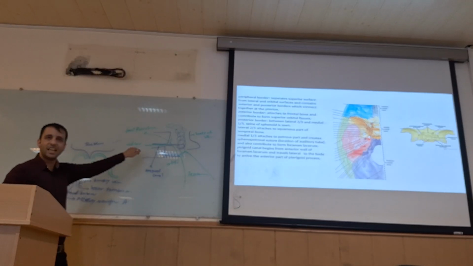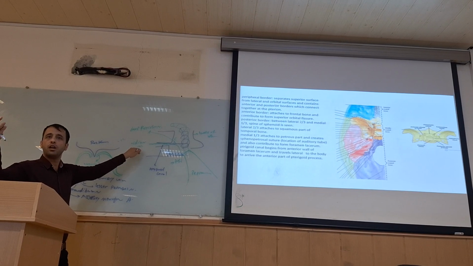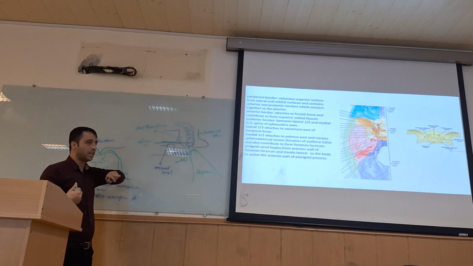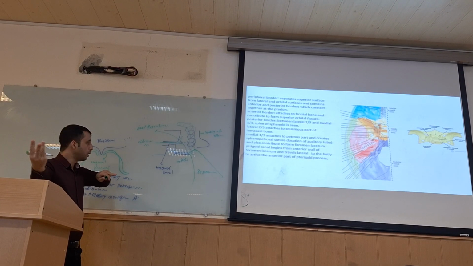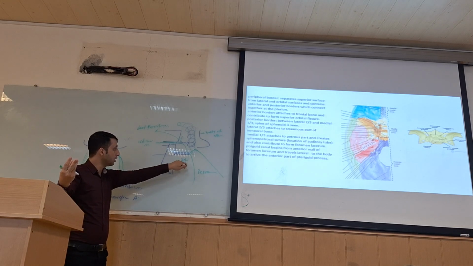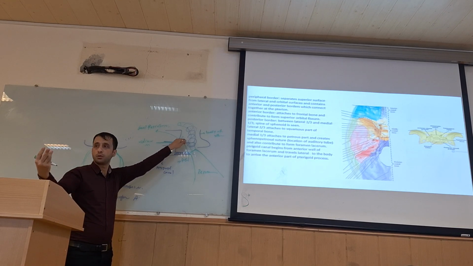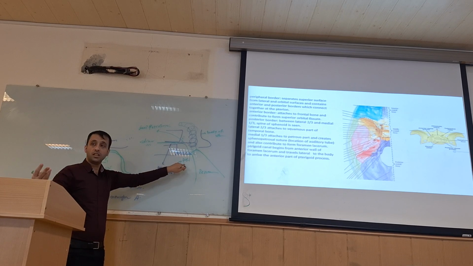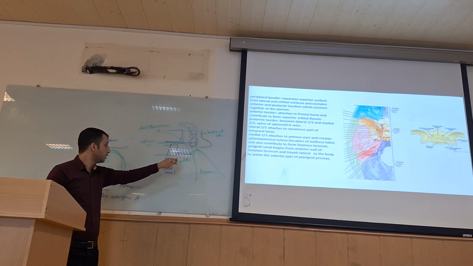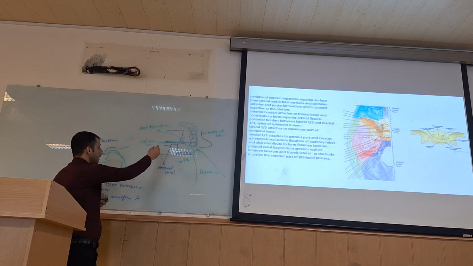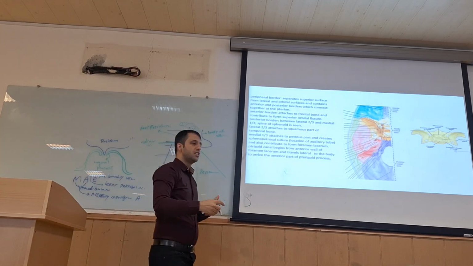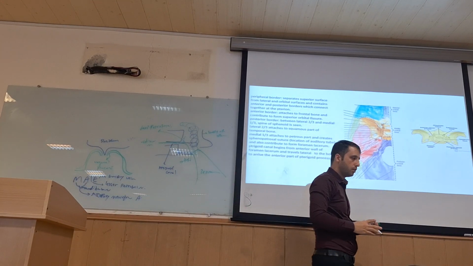Okay? Vidian nerve or nerve of pterygoid canal, because it inserts into pterygoid canal. Vidian nerve has two parts. It has greater petrosal nerve and it has deep petrosal. Deep petrosal is sympathetic. Greater petrosal is parasympathetic. Okay? And they travel anteriorly to arrive at pterygopalatine fossa.